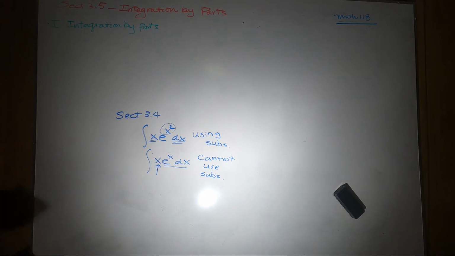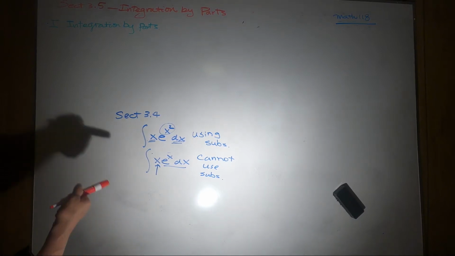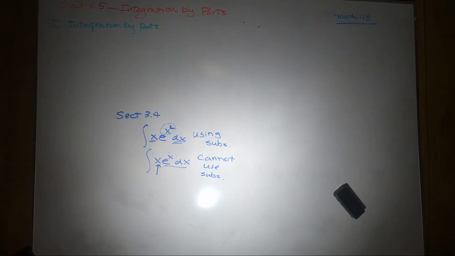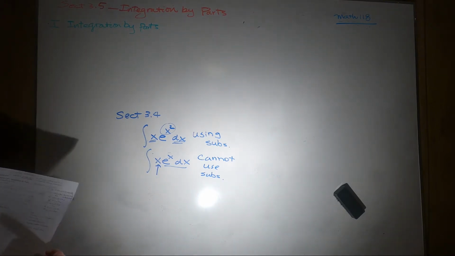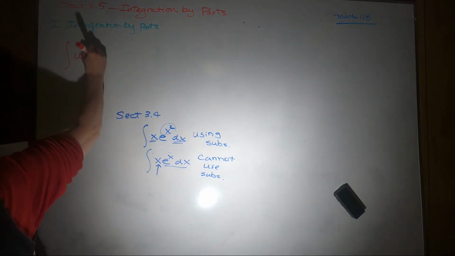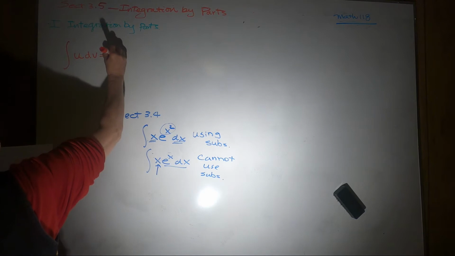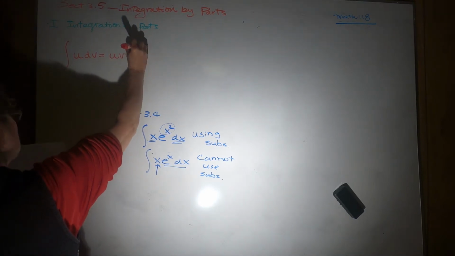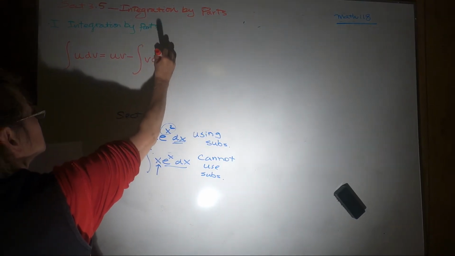But some of you may go higher to do more study on economics or more calculus, then you might use it. The integration by parts formula is like this: the integral of u dv equals uv minus the integral of v du.